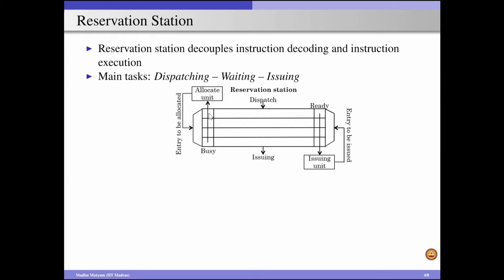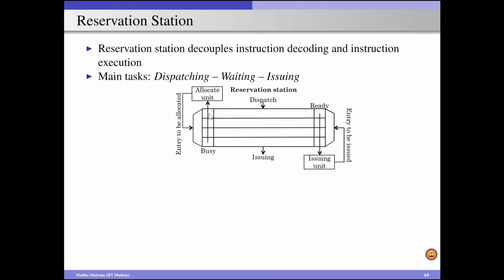At the time of dispatching an instruction to the reservation station, the operands may not be available. Sometimes all the operands are available at the dispatch time, sometimes partial operands are available, and at other times none of the operands are available.